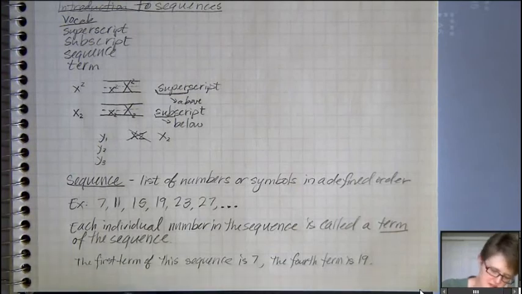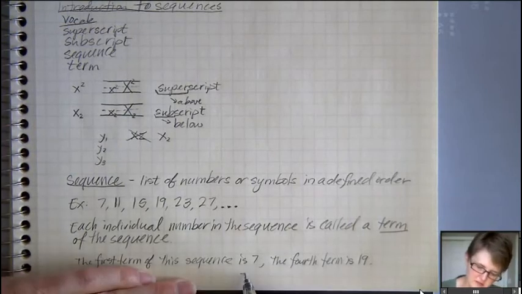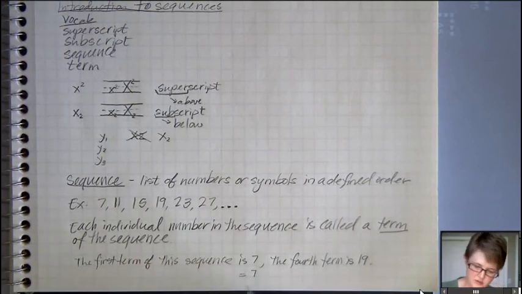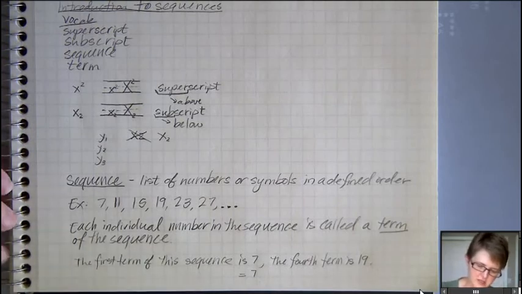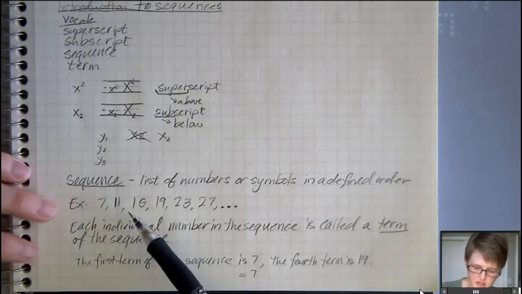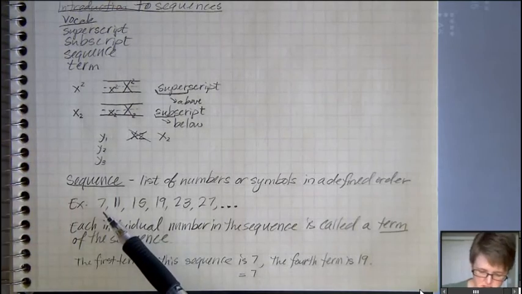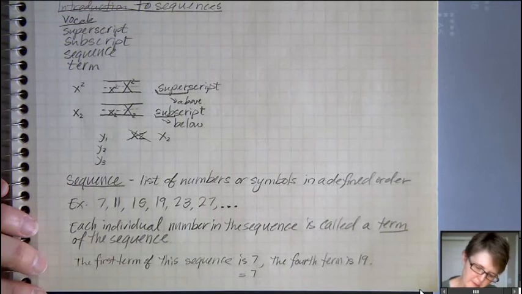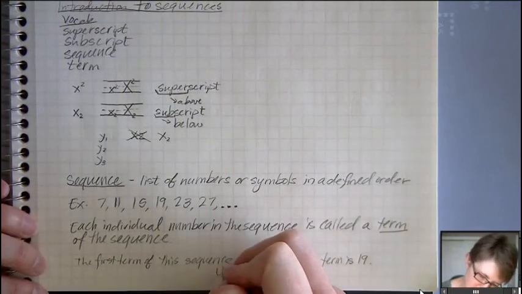So instead of saying the first term of this sequence is 7, you've already learned that we can replace the word is with an equal sign. So now we just need to learn the symbols that we use to say the first term of the sequence. So that's when our subscripts come in. Typically, for any given sequence, we'll name it using a letter. So let's go ahead and use the letter capital U. We're going to use capital U to represent the sequence.